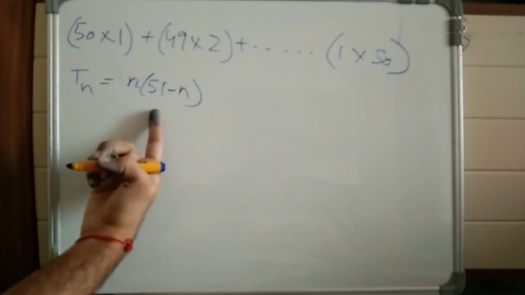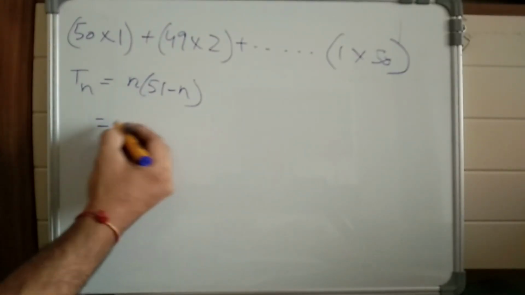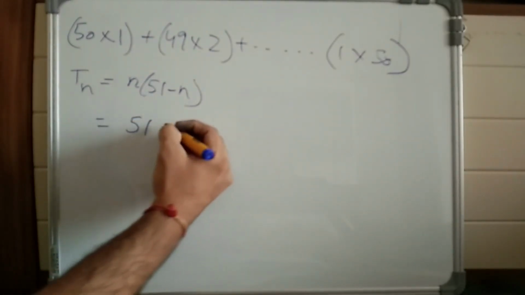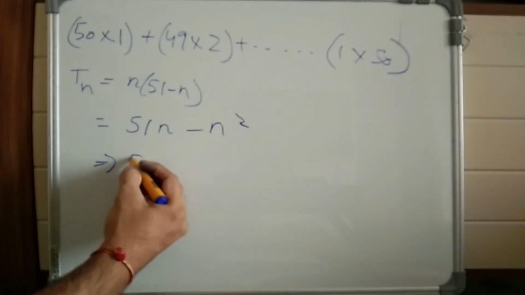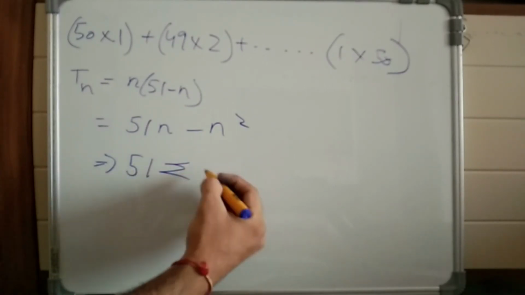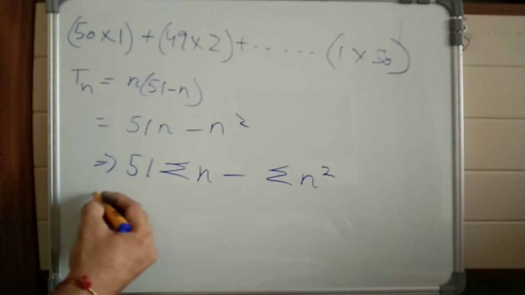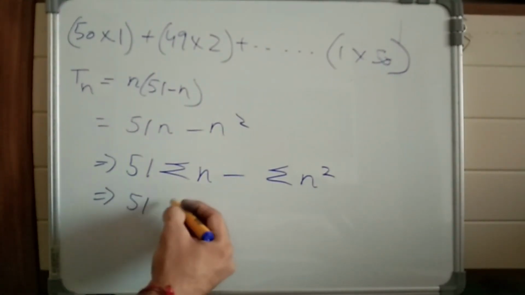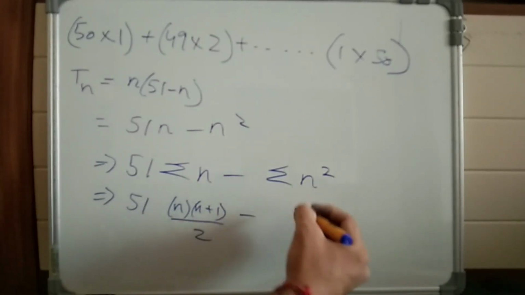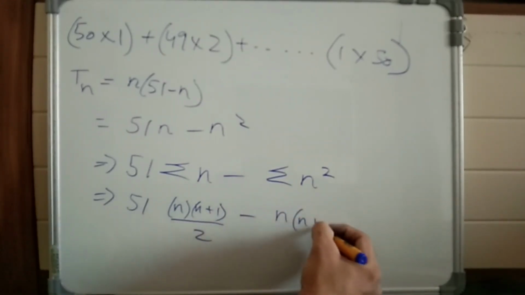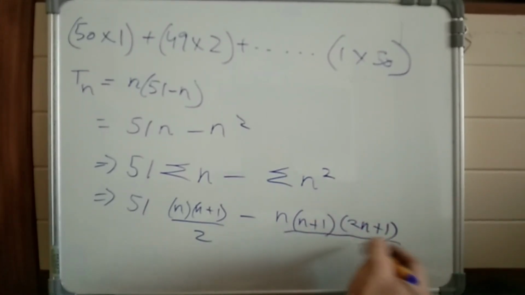If I find the Tn, I can easily apply sigma on this to find the sum. So it is 51n minus n square. I just have to apply the sigma: 51 sigma n minus sigma n square. So 51 into n into n plus 1 by 2, minus n into n plus 1 into 2n plus 1 by 6.